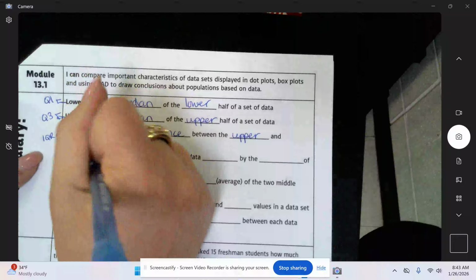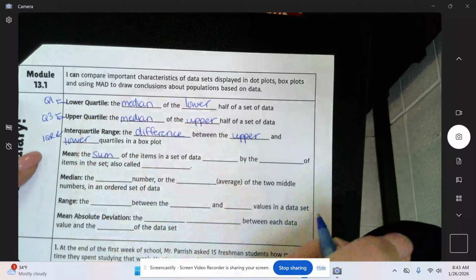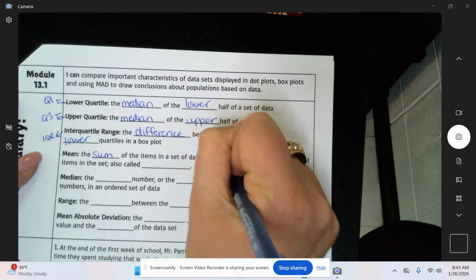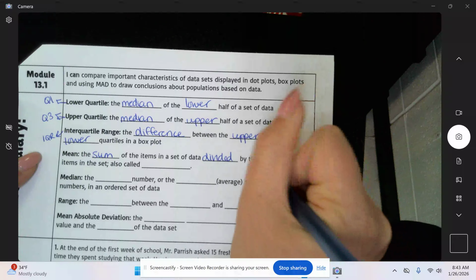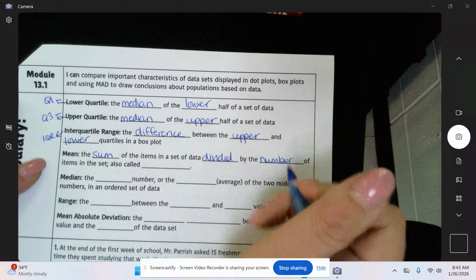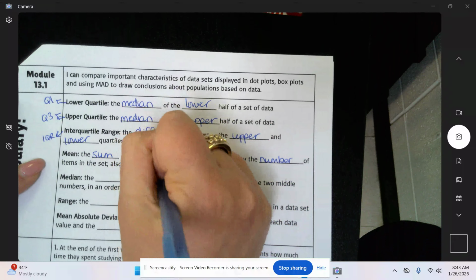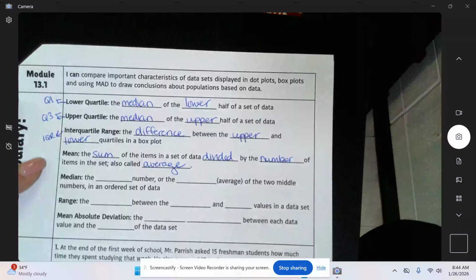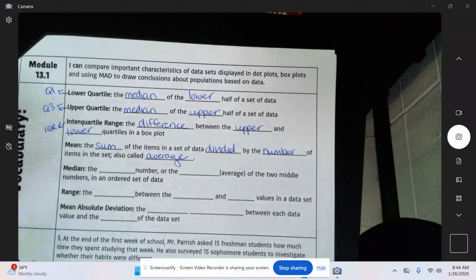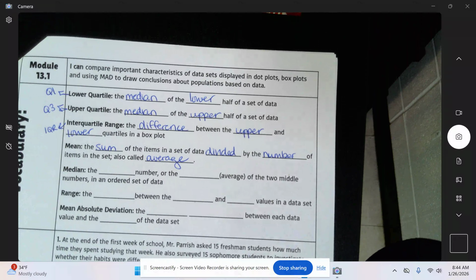You know what the mean is? It's the sum of the items in the data divided by the number of items in the set, also called the average. What's another word for median? Median's the middle.